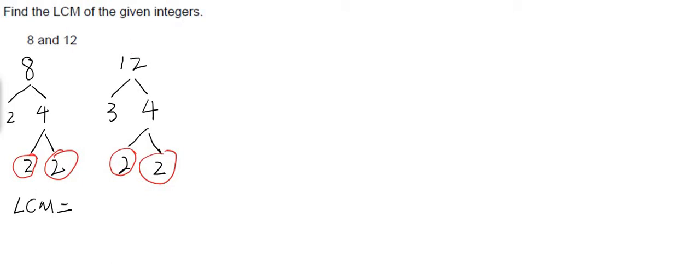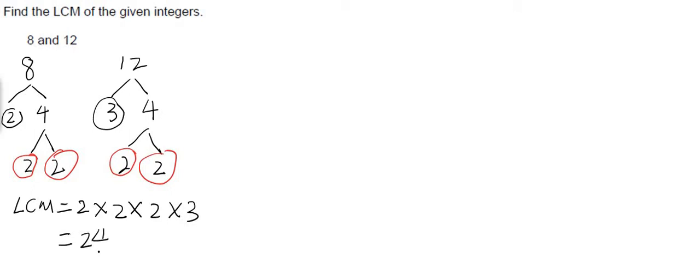So the common factor is 2 times 2, from these two. And now we're going to pick the other factors, 2 and 3. Then multiply together: 2 times 2 is 4, 4 times 2 is 8, 8 times 3 is 24.